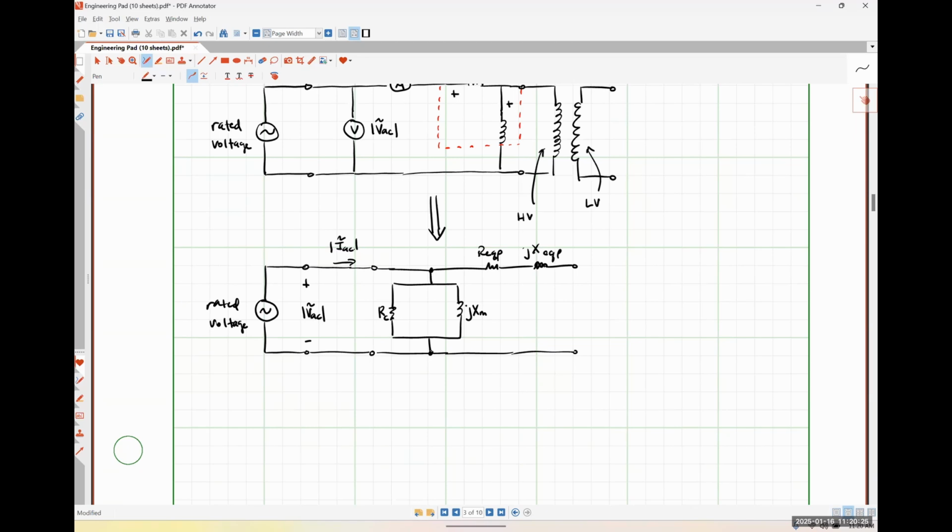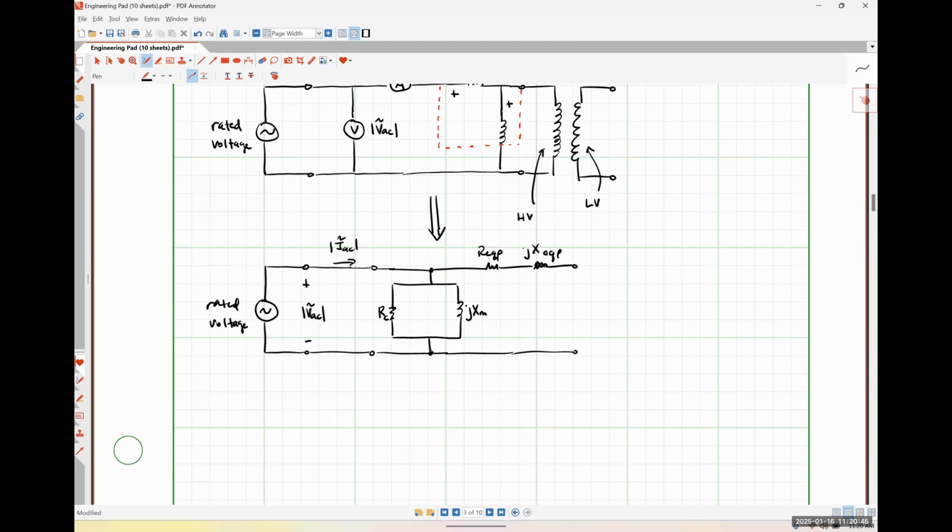So quite obviously, I hope, the open circuit test is going to give us the information that tells us what RC and XM are, because they're the only parts of our transformer that are effectively being energized in this system, okay?